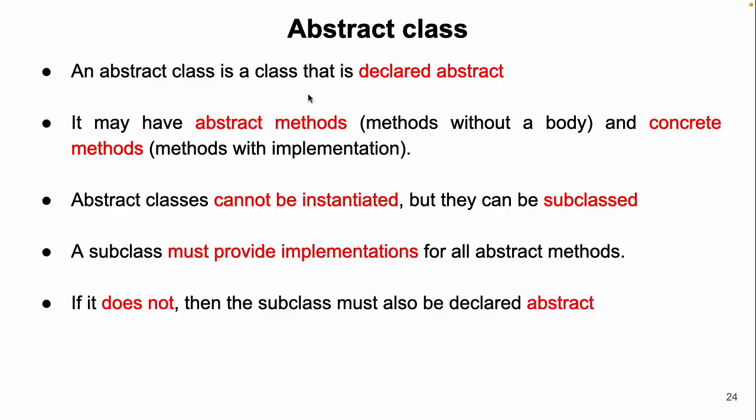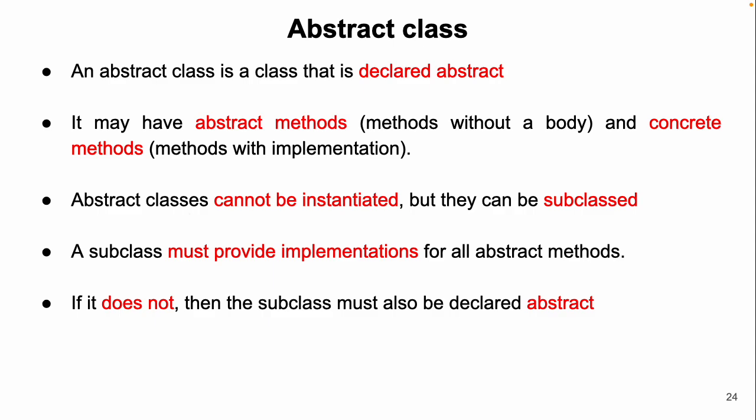Okay, and the abstract class may have abstract methods, that means methods without a body or implementation, and concrete methods. A concrete method is nothing but a normal method with some implementation. So it may have abstract methods as well as concrete methods. And again, abstract classes cannot be instantiated, very similar to our interface.